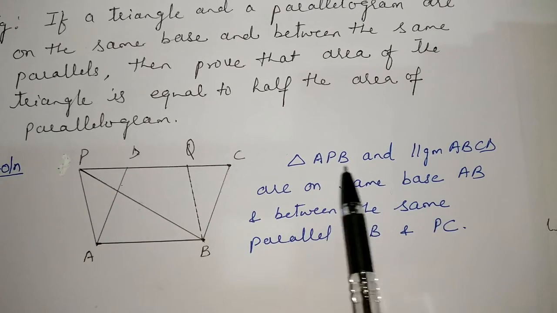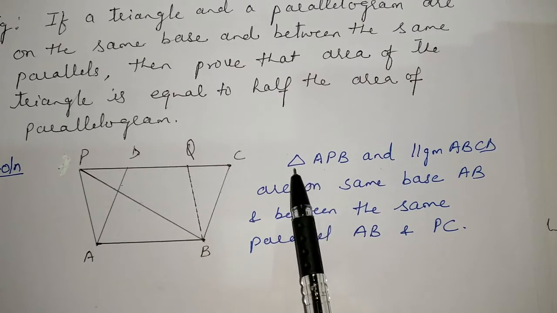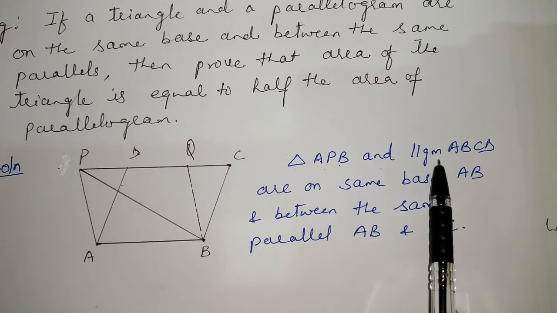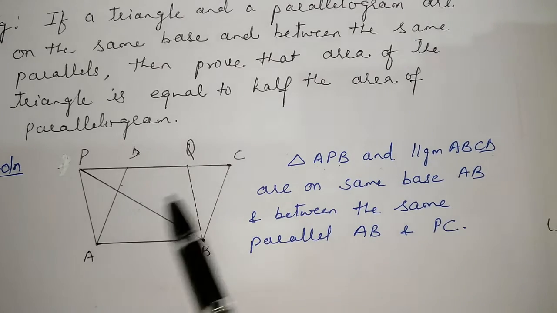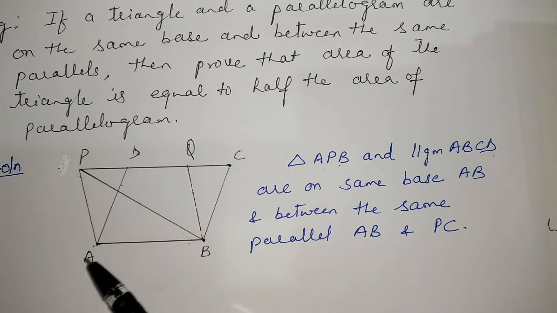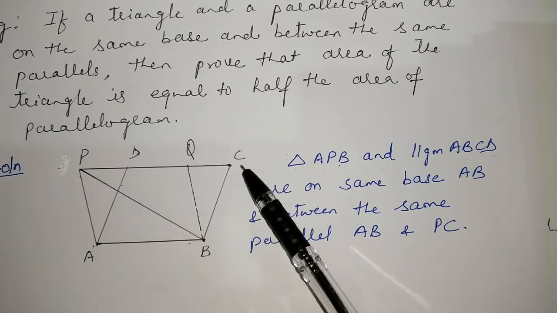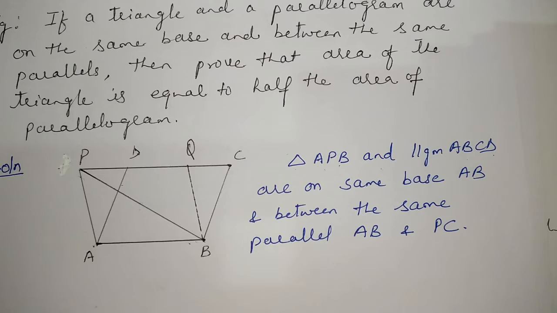So we have to prove that area of triangle APB is half the area of parallelogram ABCD.